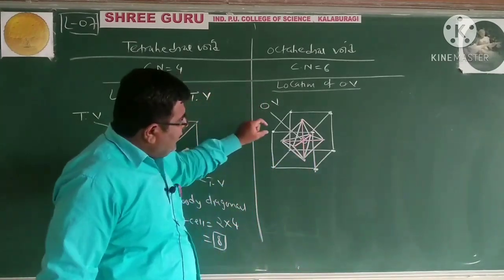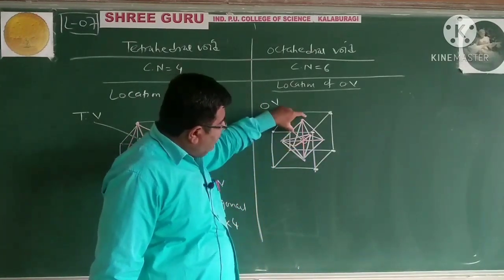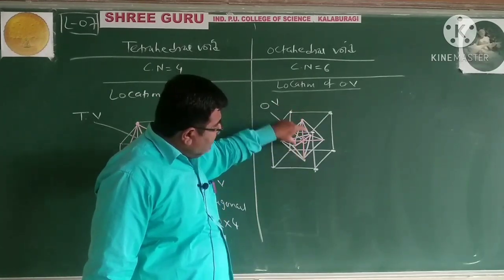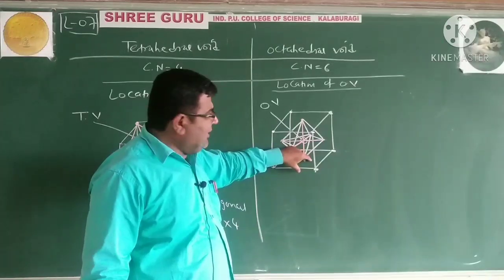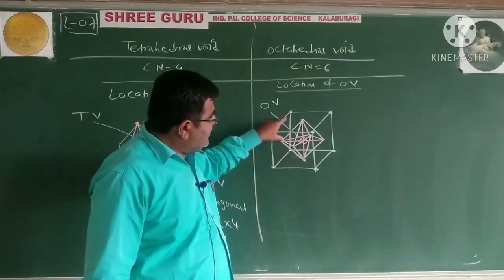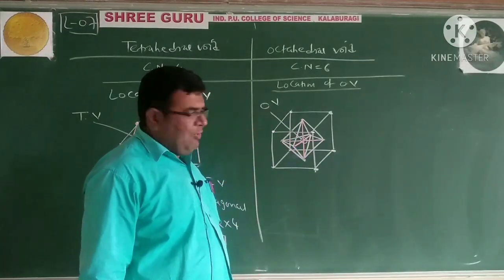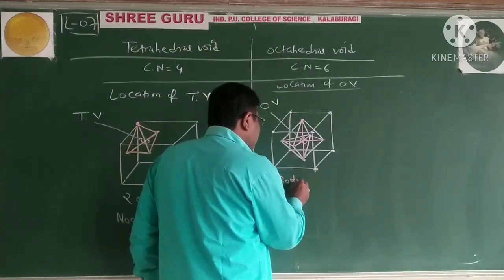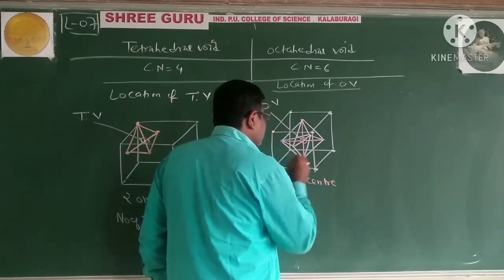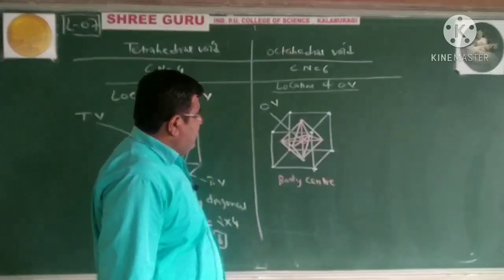So this type of hole is created and this type of 8 faces are created, just like octahedral geometry. That's why this is called the octahedral hole, where it is present in the body center.